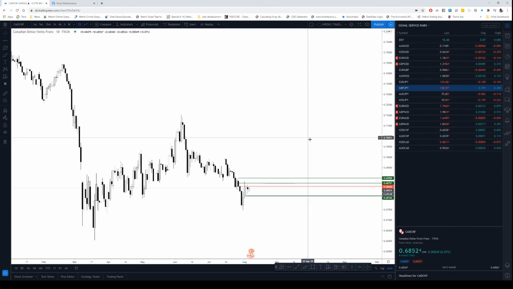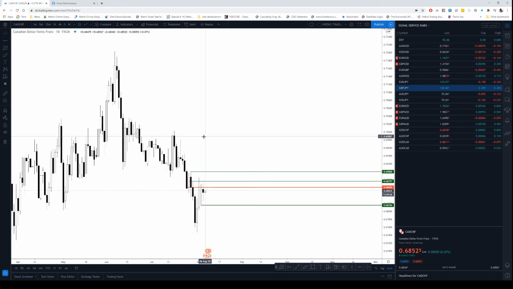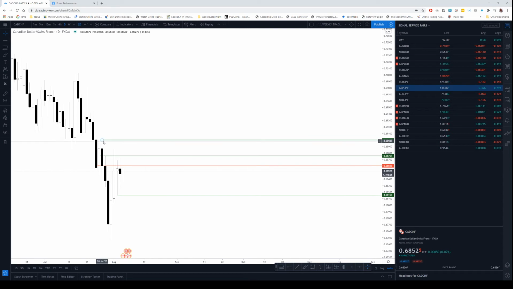Let's go on to the daily. Right, we made a low, high, we broke down, and we made a low here. So we made a short-term high, and then we made a low, and then we've come back for retracement.